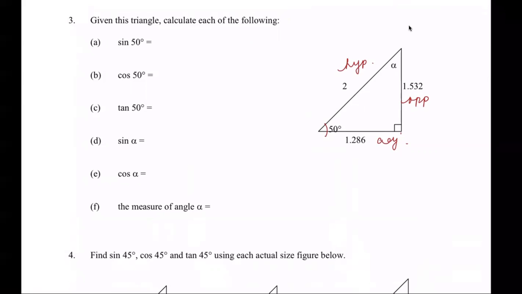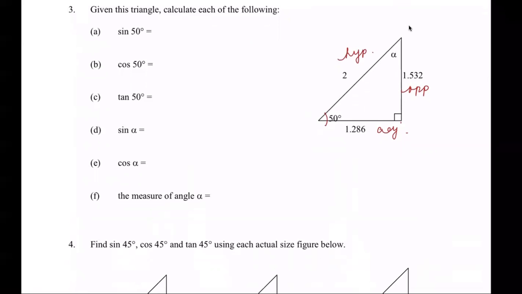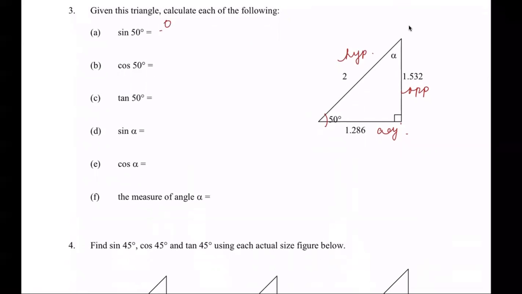So for the reference angle 50 degrees, the opposite side is equal to 1.532, and the adjacent side is equal to 1.286. So sine 50 is equal to O over H, which is equal to 1.532 over 2. Okay, and cos 50 is equal to A over H, which is equal to 1.286 over 2.